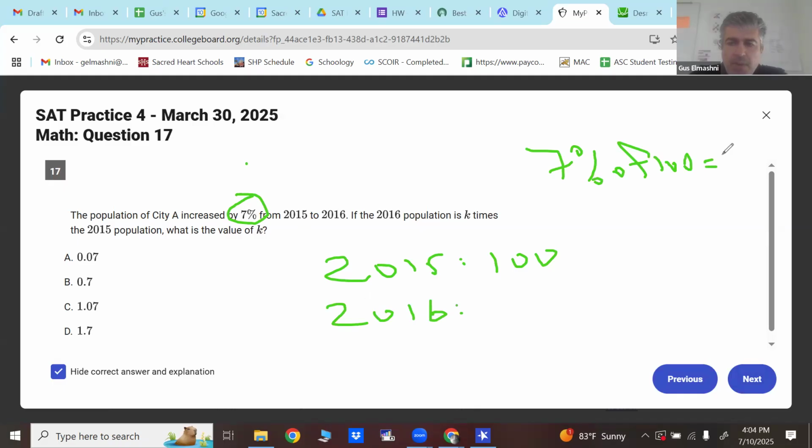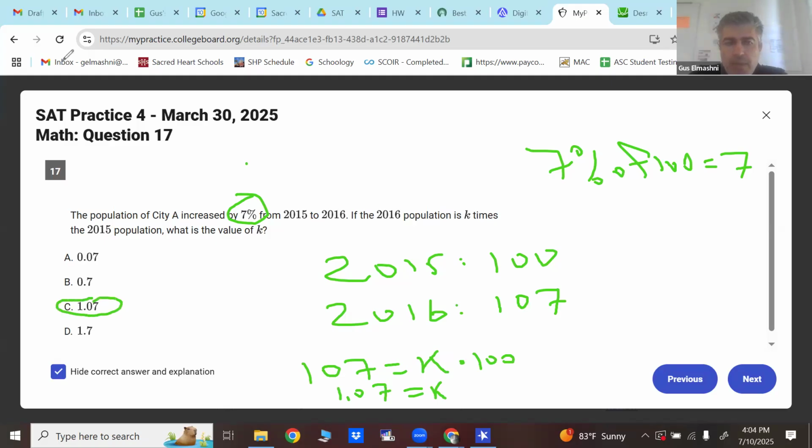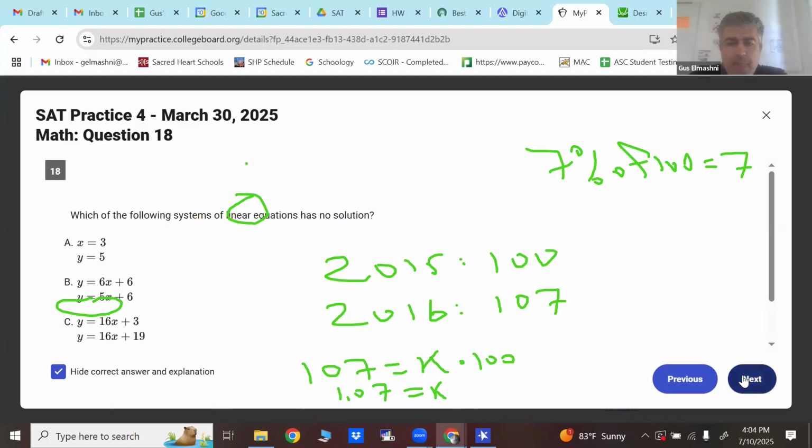Any percentage of 100 is always the number itself. So then the 2016 population is K times, so 107 equals K times 100. What does K equal? 1.07. So that's a strategy where you can make up numbers, and it's totally fine for percentages because it's all relative.